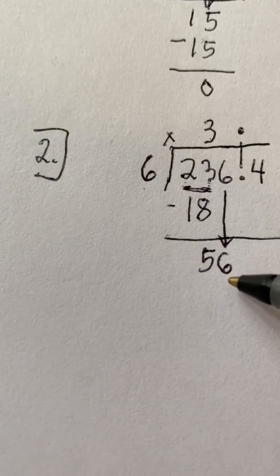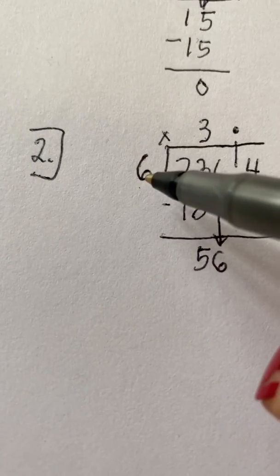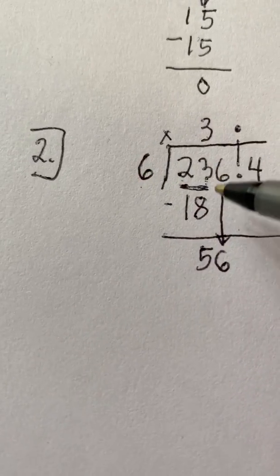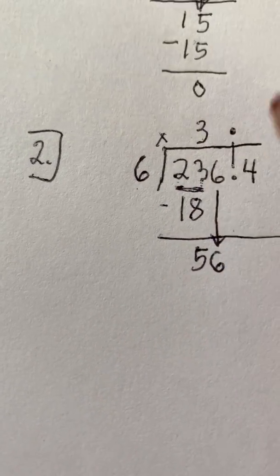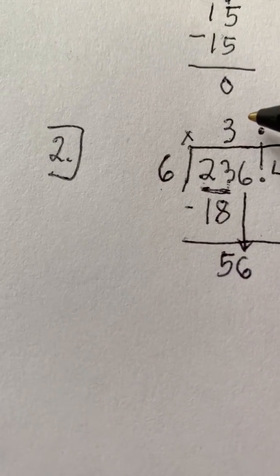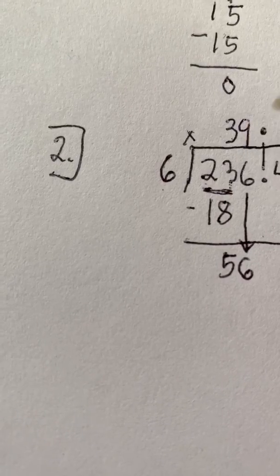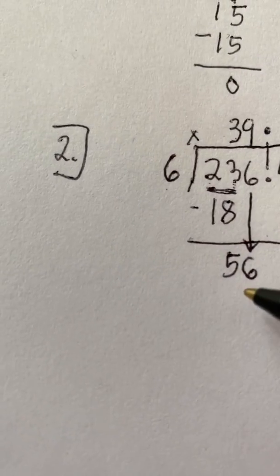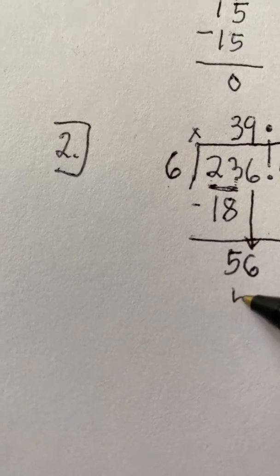So 56 divided by 6, again, I'm going to use my multiplication table. So 56 divided by 6, let me start with the number 9. 9 times 6 is equal to 54.